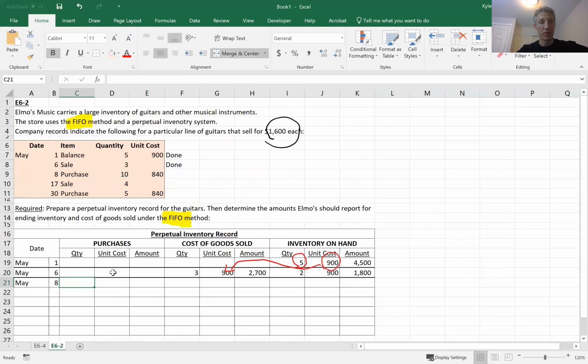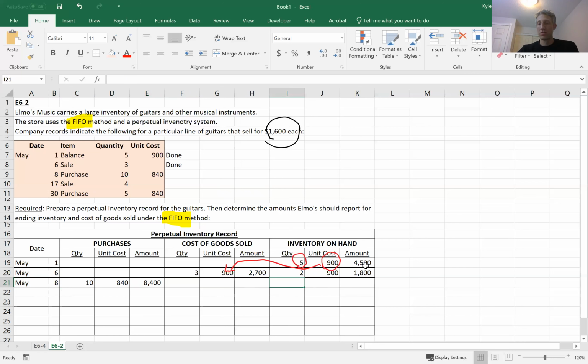Since we bought 10 units, I'm going to put a quantity of 10. The unit price was $840. So our total purchase price is $8,400. Now I want to know what my total inventory balance is on the balance sheet as of May 8th.